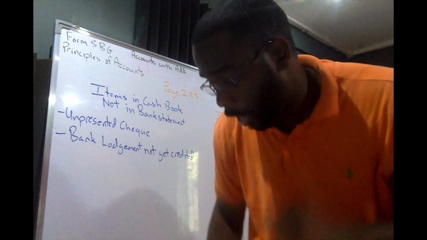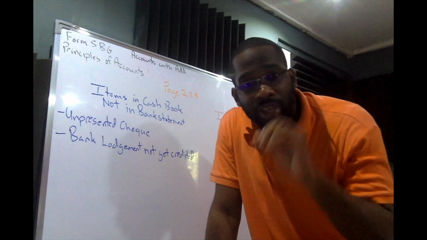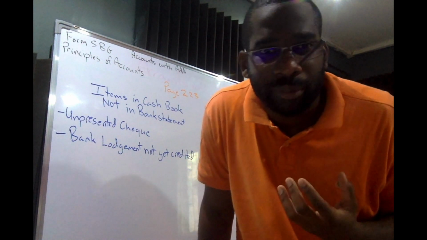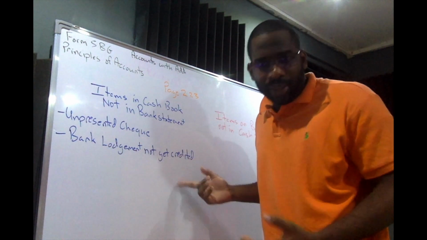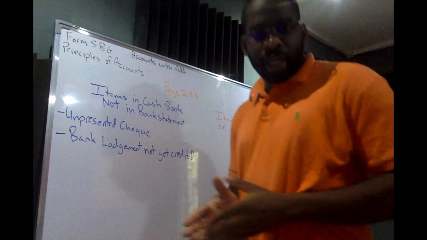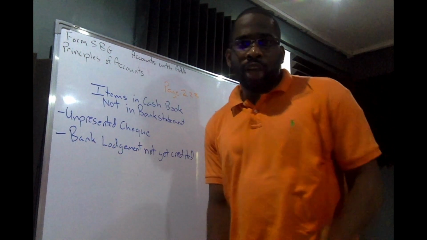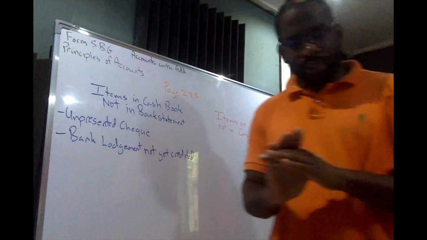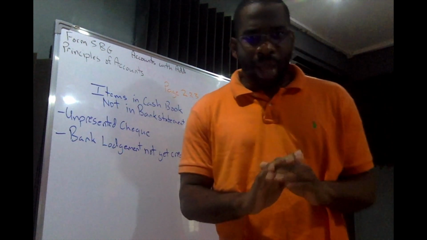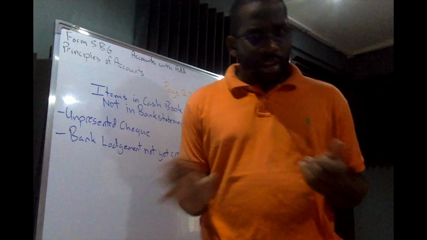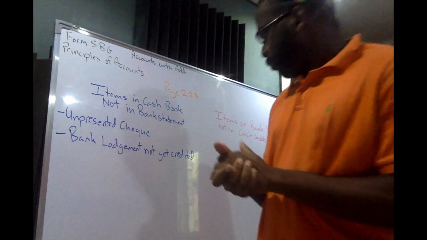The debit side, on the other hand, is the withdrawal side. So the credit side in the bank is the deposit side, you put in the money. And the debit side in the bank is the withdrawal side. You're taking out money.